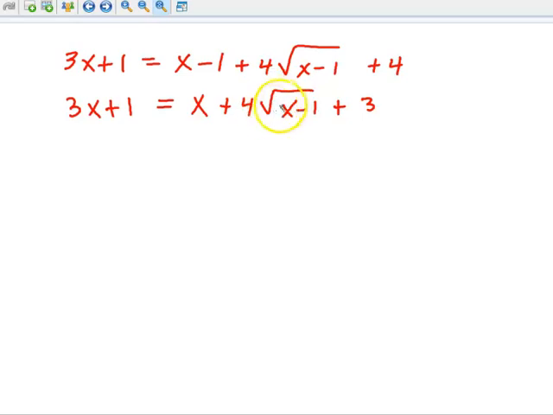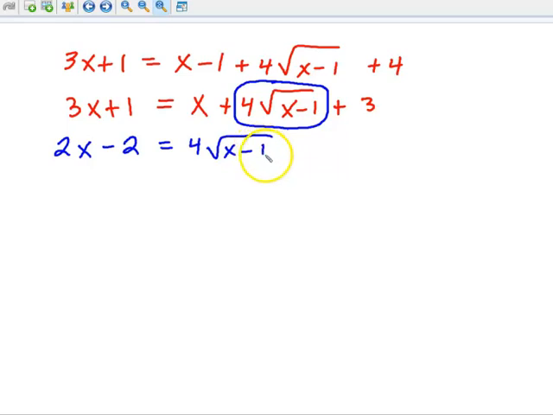I'm going to work on getting this radical isolated. So anything that's being added or subtracted to a radical expression needs to be removed so we can solve. Okay, so I need to subtract x, and I also need to subtract 3.